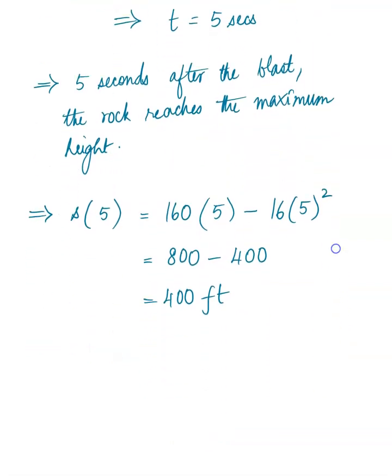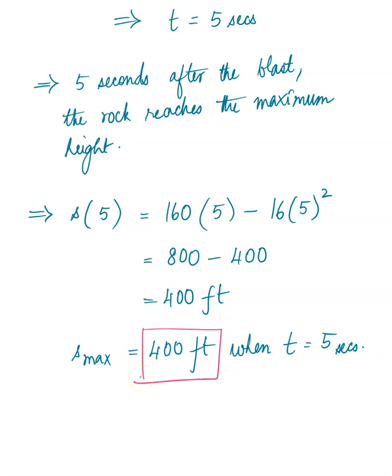So we actually found S max is equal to 400 feet when the time is 5 seconds. So the actual answer was 400 feet. So don't just stop with t equals 5, because that only is needed to help us get to the S max.